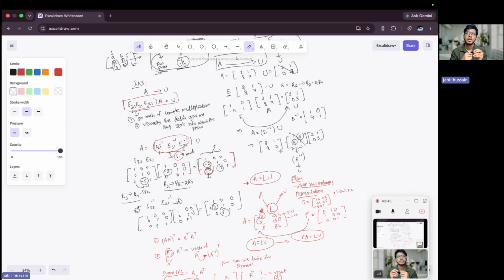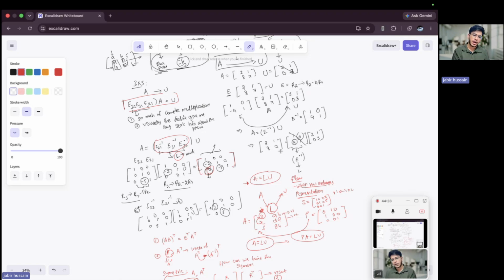You know the row exchanges you did in order to get U, so just write them in permutation matrix format and multiply it with A, and automatically it will give you PA equals LU, and it will balance the equation. So if row exchanges are happening, then you will not use A equals LU, you will use PA equals LU. Understood. So these are the five topics which we have talked about in this lecture.